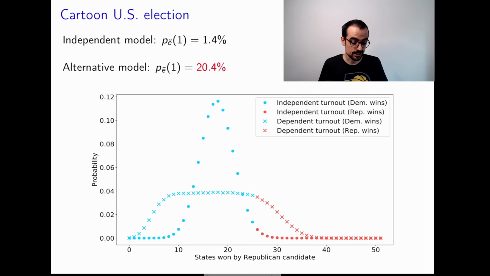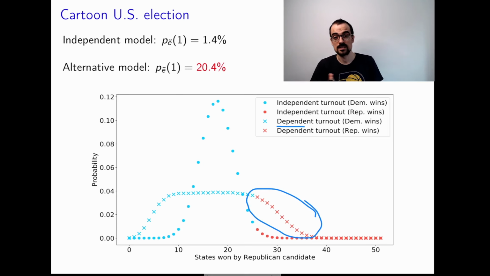go for the Democrat. Because they're all independent, it's unlikely that they will all go for the Republican at the same time. This changes for the dependent turnout, because if it just so happens that the turnout for rural voters turns out to be high, then for all the states, it's more likely that the Republican will win, and that's what captures the dependence. And because of that, we have a much fatter tail here, where the Republican can actually win if the rural turnout happens to be high, because in that case, the probability that the Republican wins in all of the states goes up together.